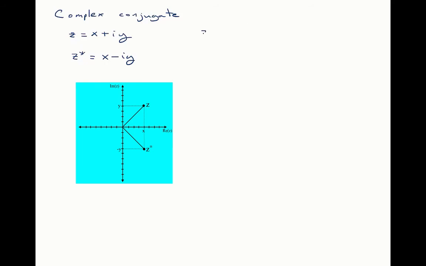Okay, if we are writing it with the modulus and phase, then the complex conjugate, you just change the sign on the phase. All this means is that if you're looking at it in the complex plane, the complex conjugate is the mirror image of the original complex number across the real axis.